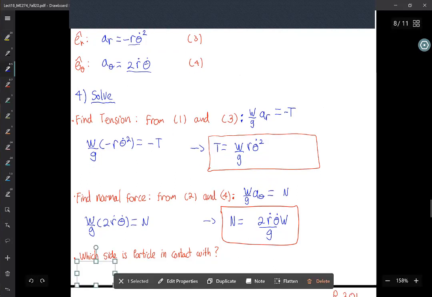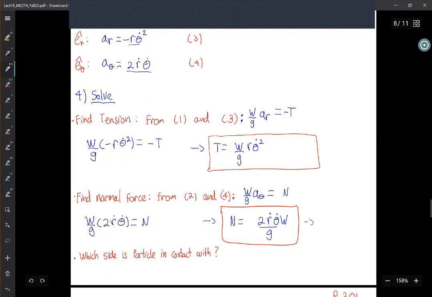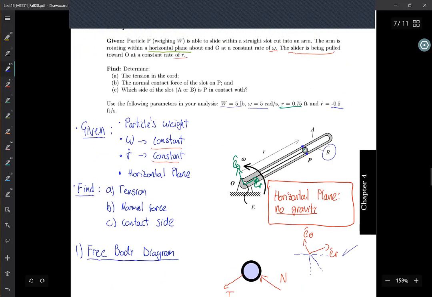So my normal force, in fact, is negative. So which side is it in contact with? Side A. So in fact, it's leaning on side A. Now, you don't have to go and change everything. You already had the answer, right? It's negative, it's pointing in the other direction. You don't need to go and redo everything. The equation has told you whether you were correct or not.